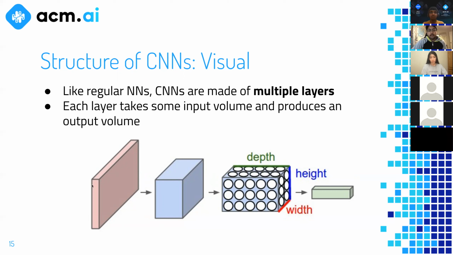Each layer modifies that volume and then spits it out for the next layer. You can think of this as a way of visualizing how certain layers might modify an input.